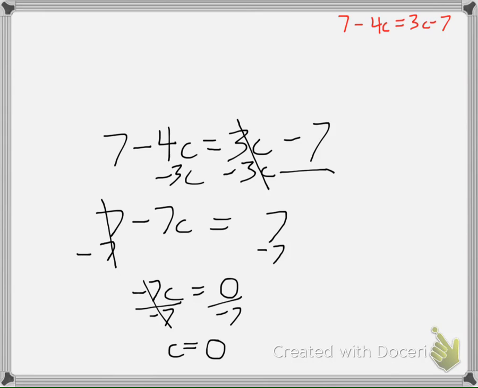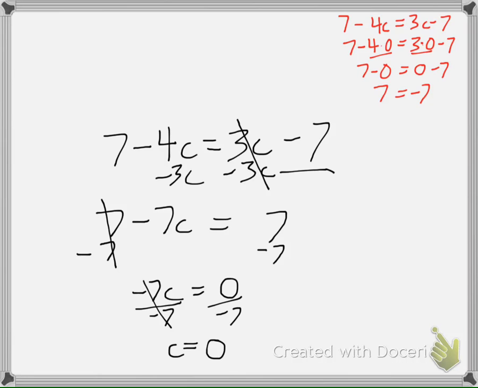I'm going to replace c with 0, so I get 7 minus 4 times 0 equals 3 times 0 minus 7. Order of operations says I do the multiplication first. So 4 times 0 is 0. So I get 7 minus 0 equals 0 minus 7.